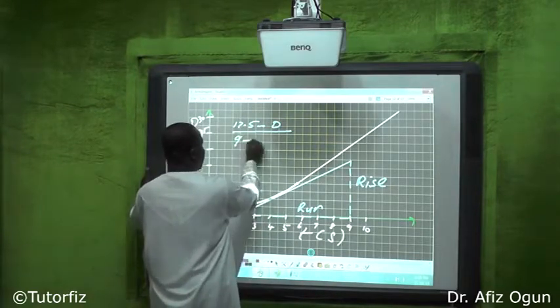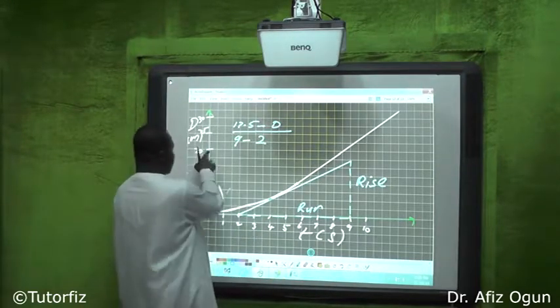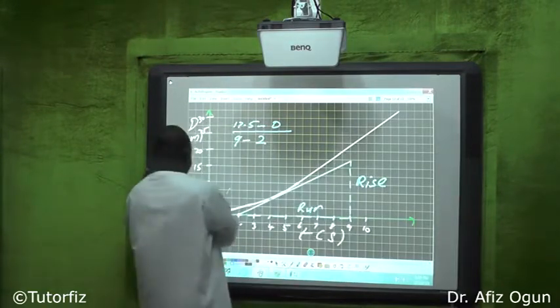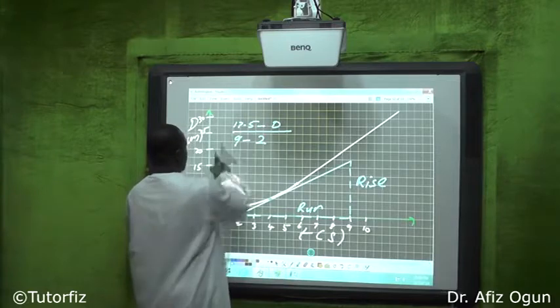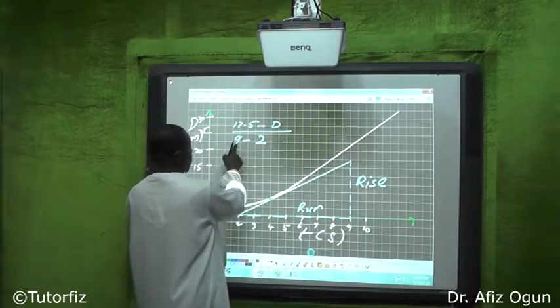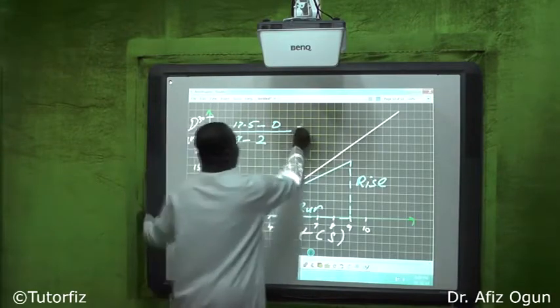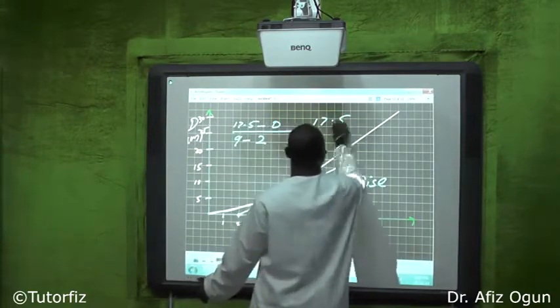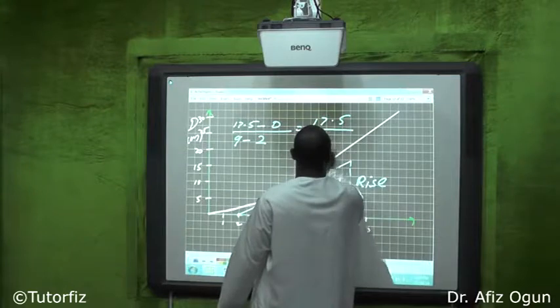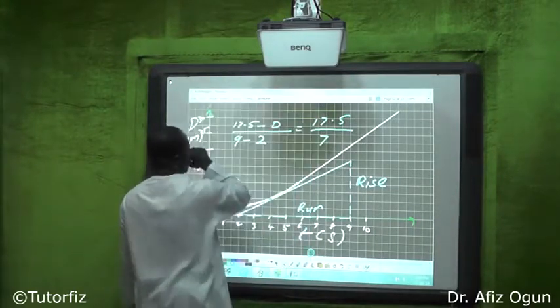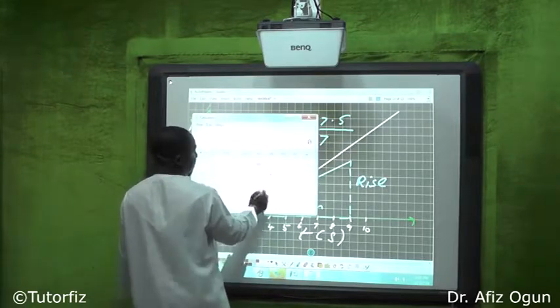So 9 minus 2. 17.5 minus 0, that's my rise, divided by my run, 9 minus 2. So I have 17.5 divided by 7. Use our calculator.